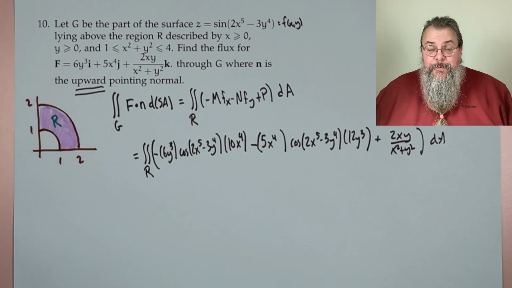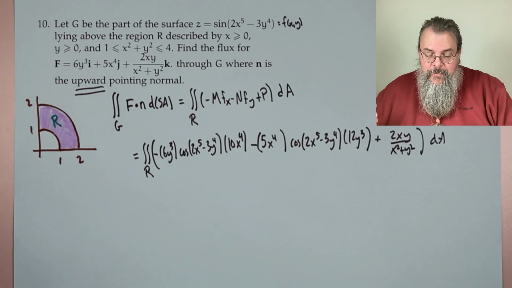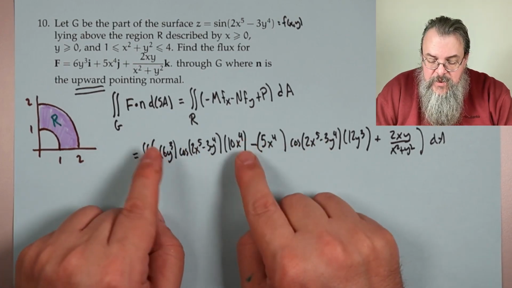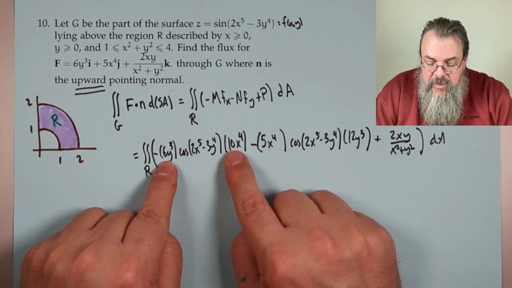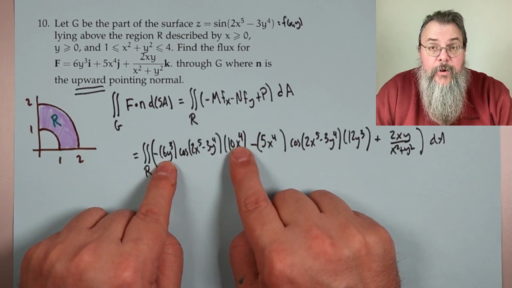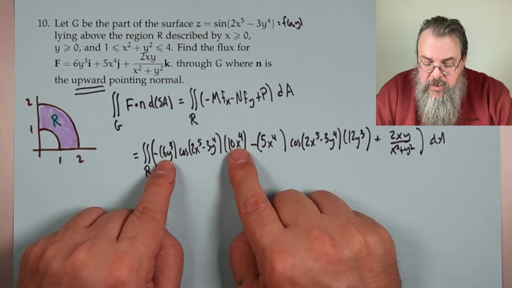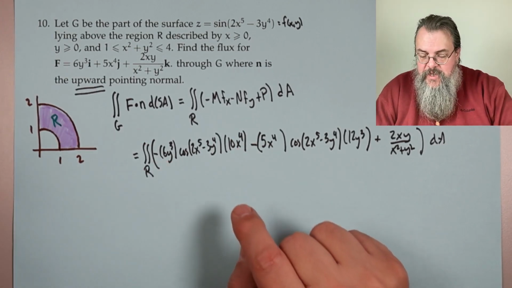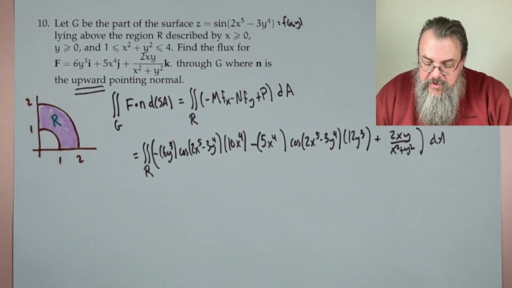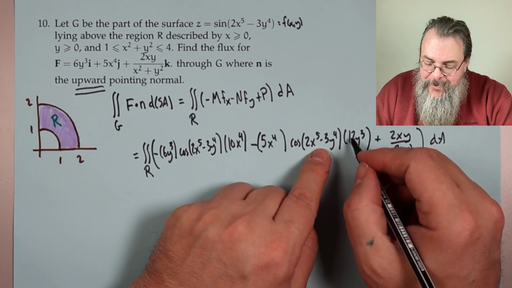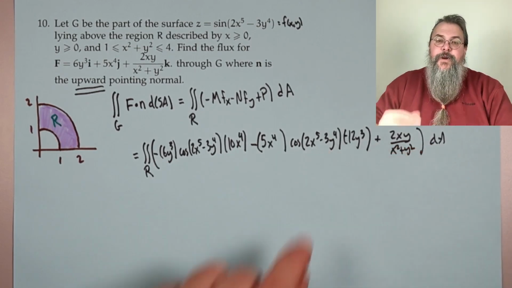What should happen? The crazy parts should disappear. Well, they both have cosine. Let's look at what's attached. Minus 60x to the fourth y cubed. All right. Oh, and I just noticed I forgot something. It's not canceling. What did I forget? Derivative of minus 3y to the fourth is minus 12y cubed.